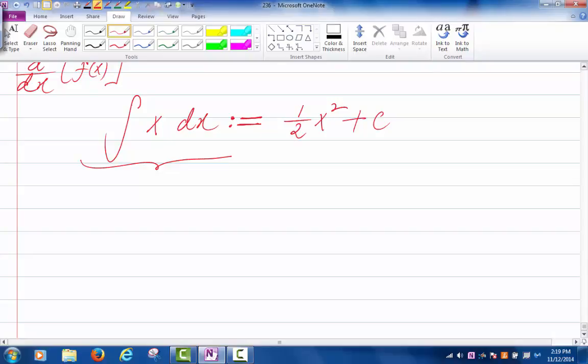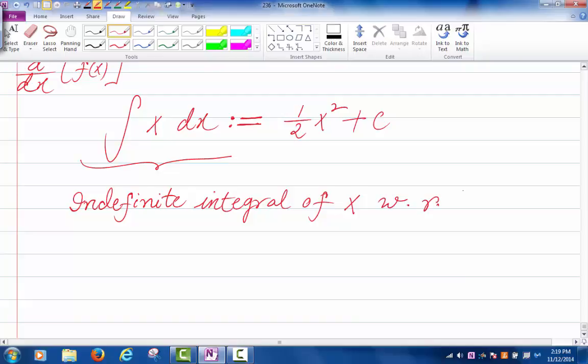So this is called an integral sign, and this is also called the indefinite integral of x with respect to x. Is everybody okay with that? So that's how we read this, the indefinite integral.